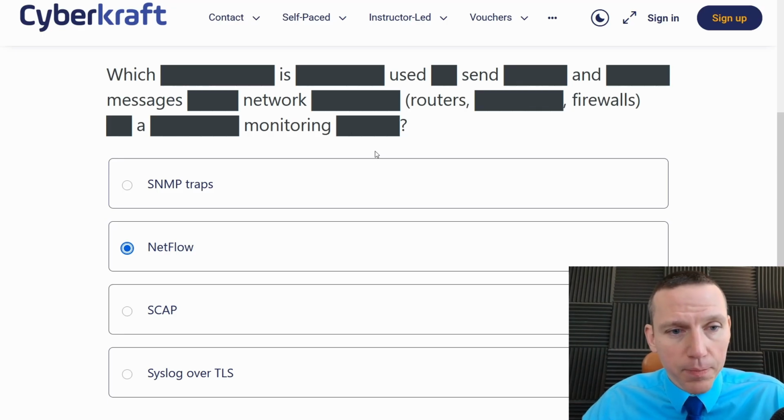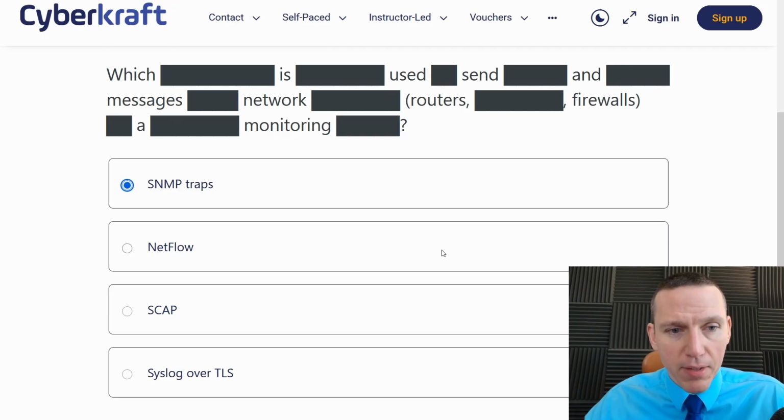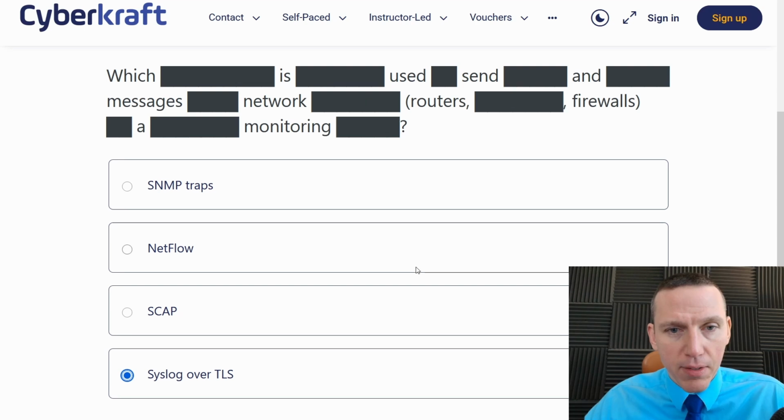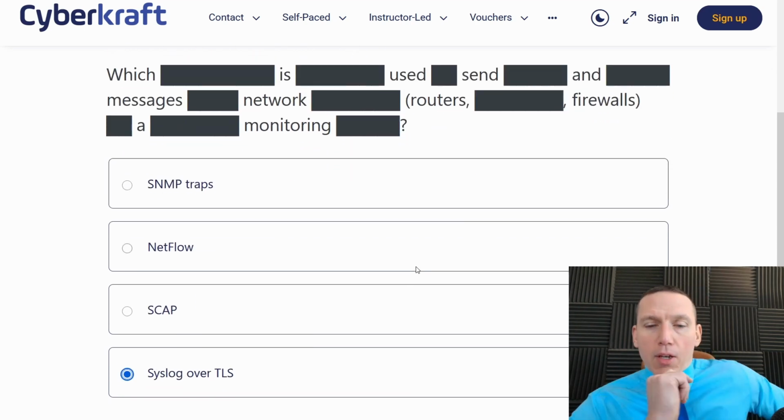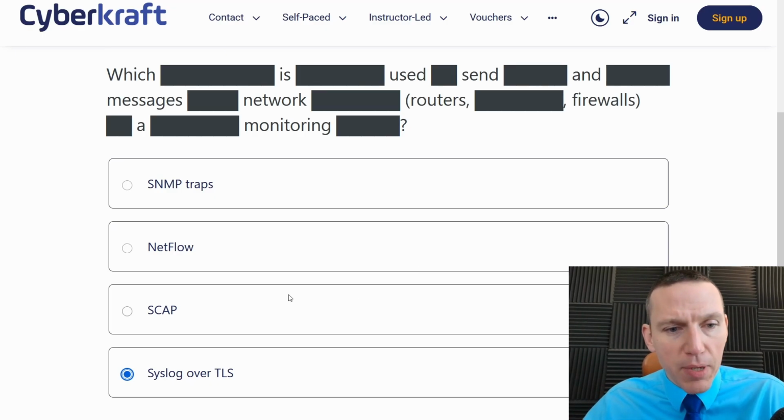That's what I'm guessing. I think SNMP trap would make sense. Though syslog makes a lot of sense. Because we're picking something that's going to be sending out or sending messages to a central hub. So I think it's going to be probably syslog.